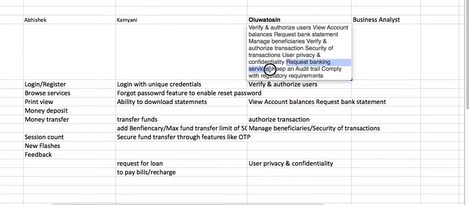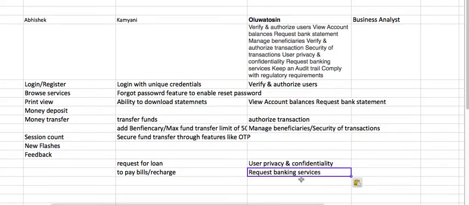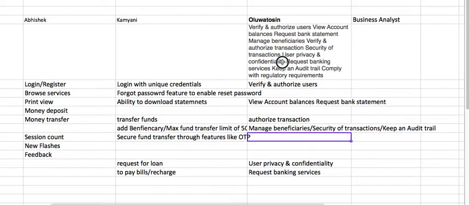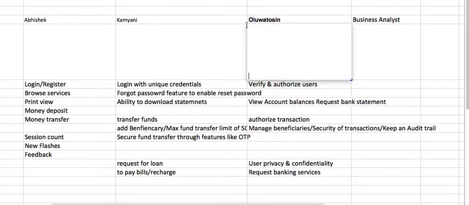Request banking services, that's again I think your banking services. What banking services are you referring to? Secure transaction, and here also audit trail can be part of this one. Regulatory requirement, I don't know what regulatory requirement you're talking about, I'm not mentioning it here.